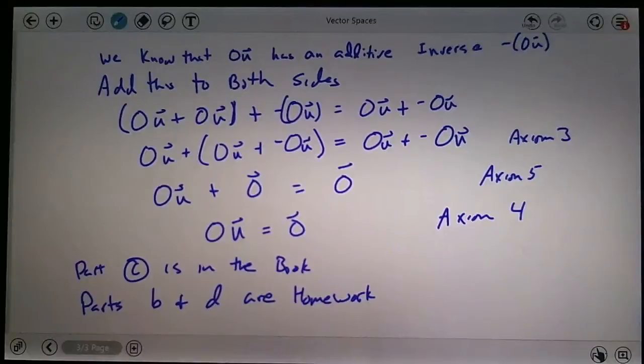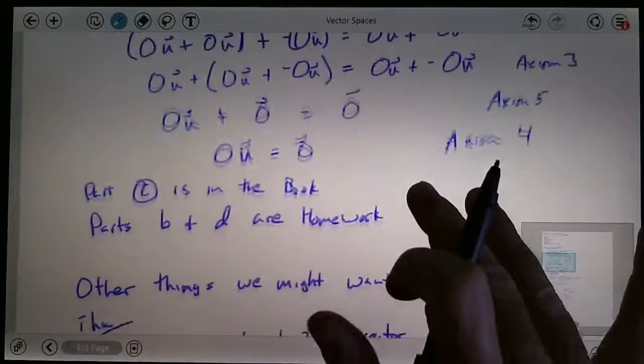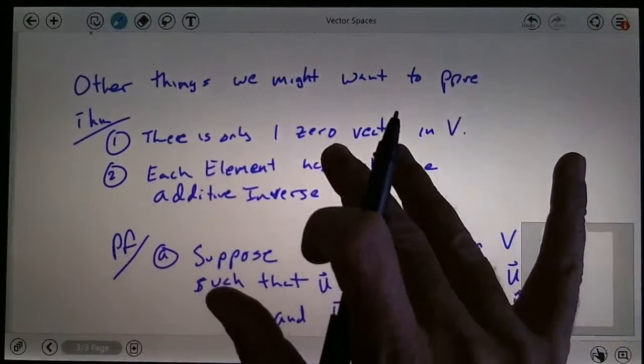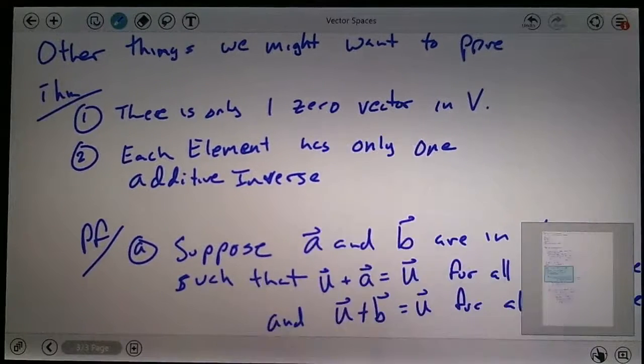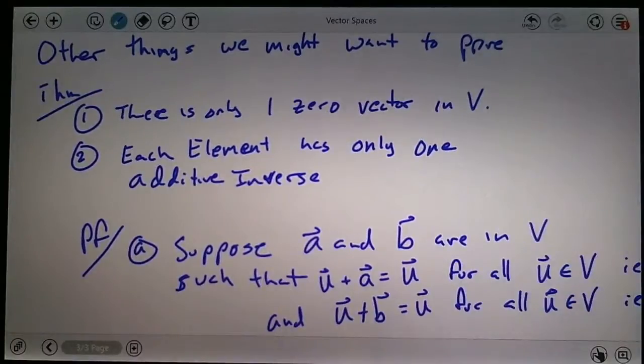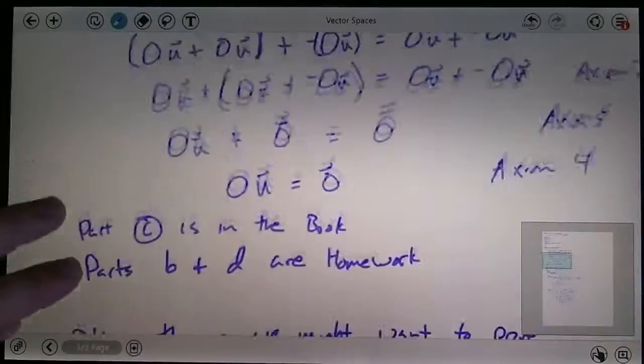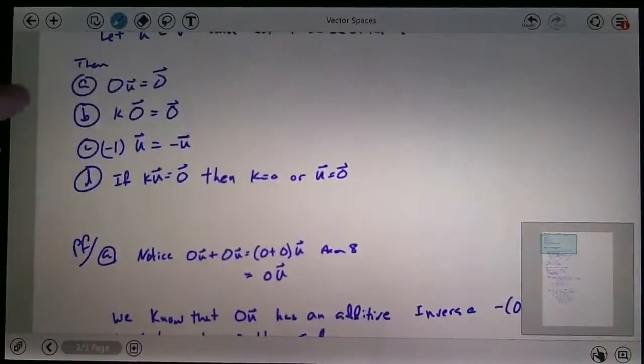You might imagine that part B of that theorem is similar, but I'll let you see if you can prove B, C, and D. Okay. I want to point out another theorem that is not in the book. Anything that satisfies those first 10 axioms also satisfies these 4 things that we just did here.